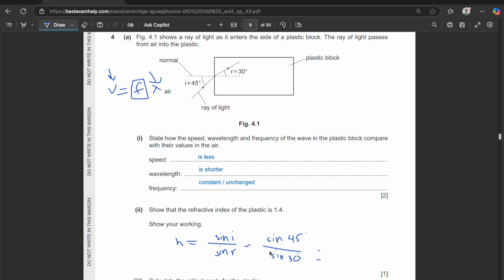If you use a calculator, you get root 2, right? Root 2 is 1.414 or something like that, and that is rounded to 1.4.